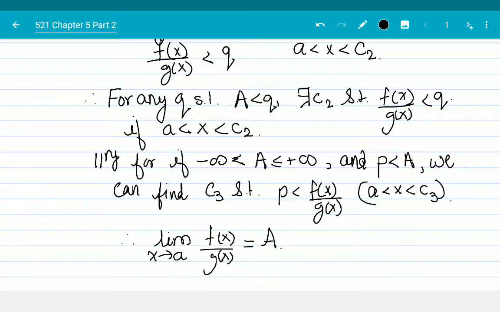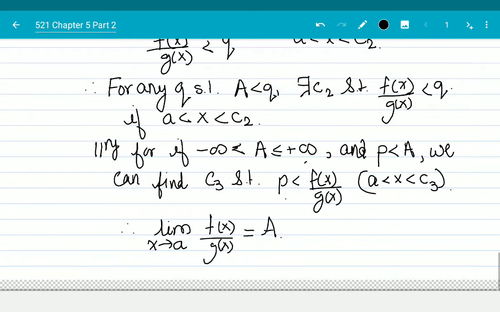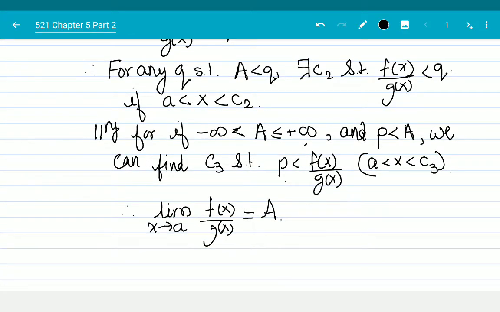If a was indeed equal to negative infinity, then such a p does not exist. If a was indeed equal to positive infinity, such a q does not exist. Okay. And there you're showing that this limit is greater than every single rational, so it has to be infinity, or this is smaller than every single rational, and hence it has to be negative infinity.